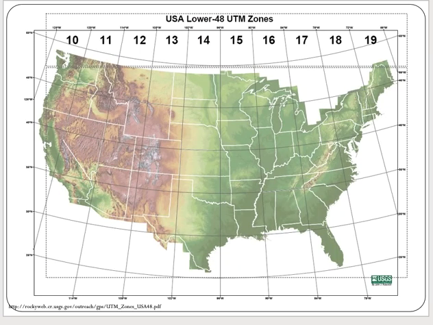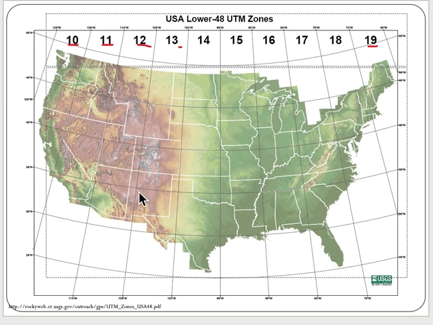Location is described with the zone number like we see here, and direction north or south from the equator. So we could say for the United States, we see zone 10, zone 11, zone 12, 13, all the way to zone 19.